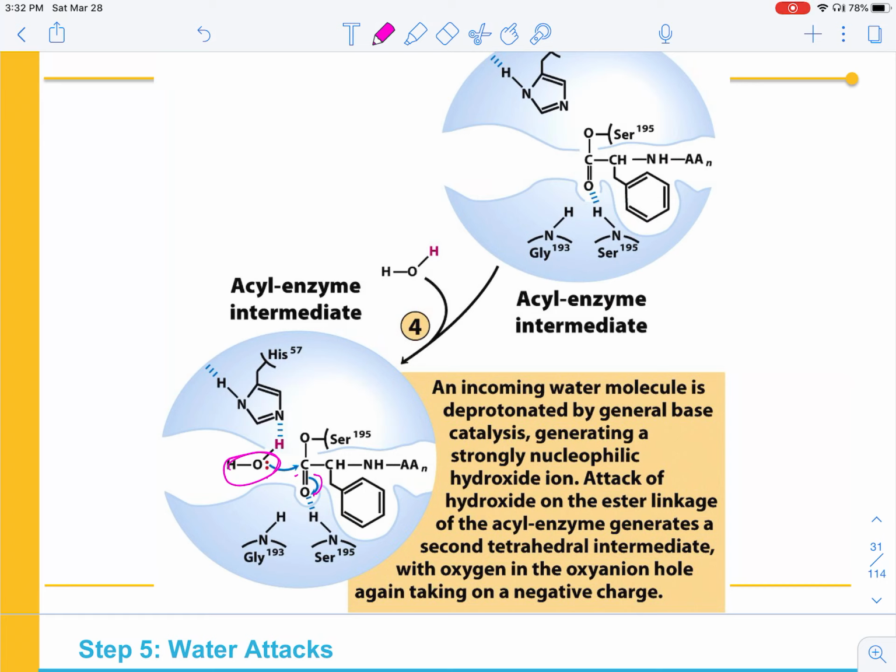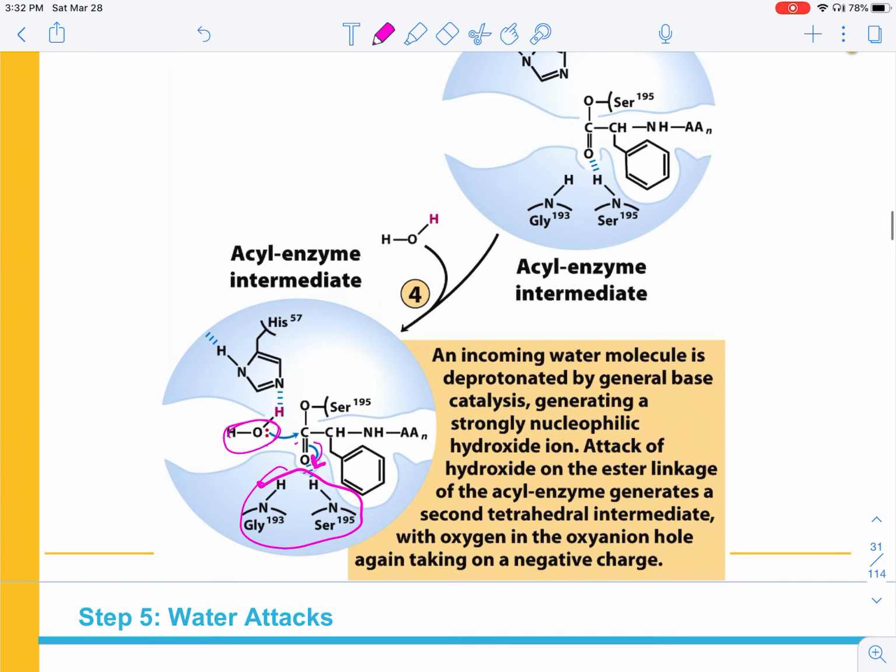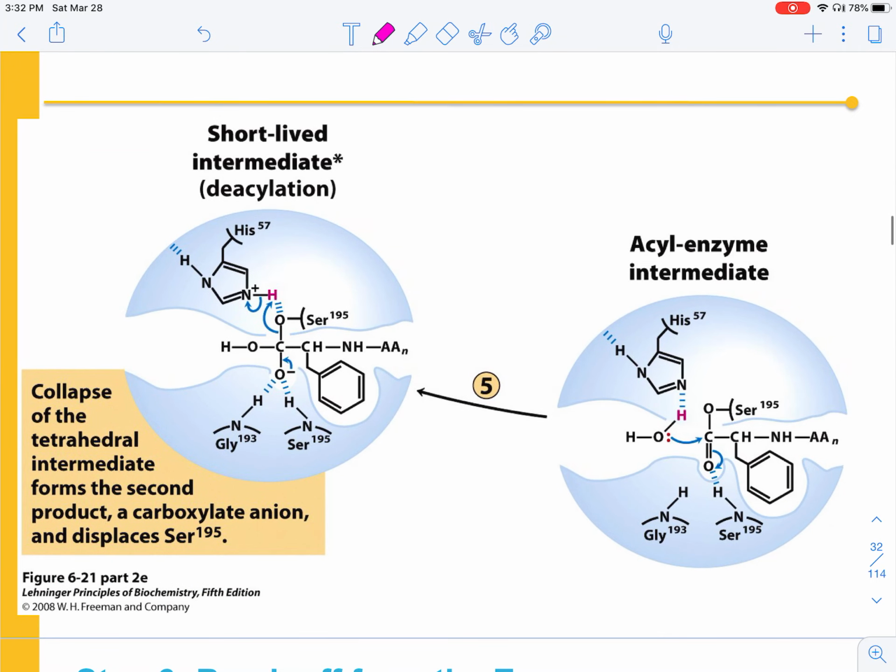This is going to reform an oxygen anion. That oxygen anion will be stabilized by the oxyanion hole so that you form another intermediate. Again, this is our prototypical tetrahedral intermediate in which you have this carbon that is bound to this oxygen. It's formed this oxygen anion here that's stabilized by the oxyanion hole.